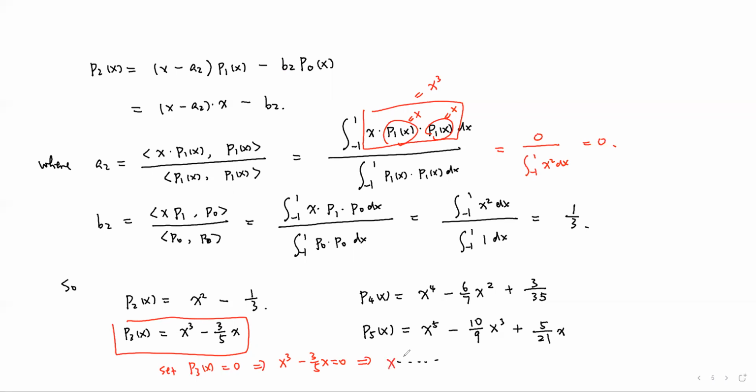By factorization, the 3 zeros: x is 0, then the other 2 roots come from x squared minus 3 over 5 equals 0, so the other 2 roots are plus and minus the square root of 3 over 5. These are the nodes for Gaussian quadrature.